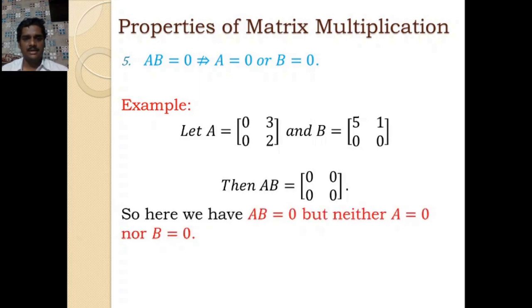So we have AB equals 0, but neither A equals 0 nor B equals 0. I hope the idea is clear. The idea is whenever you have a product of matrices equal to 0, you can't say from there that one of them is 0.